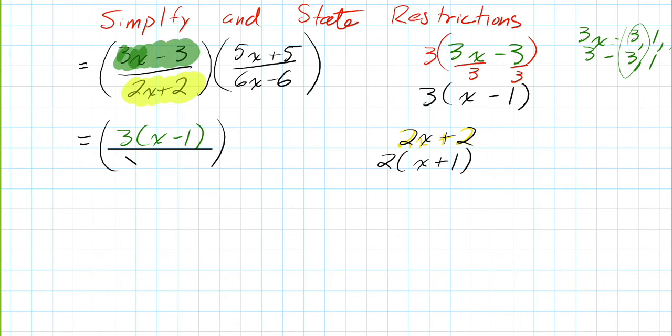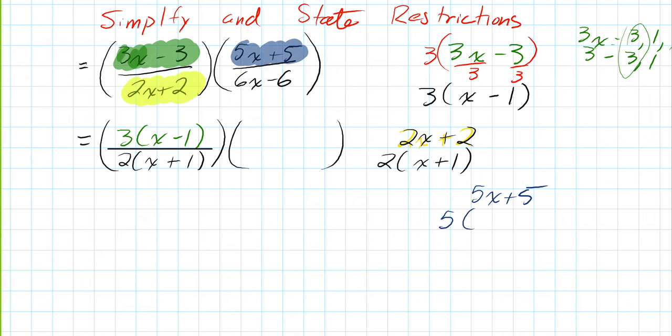So then we'll write that underneath. We get 2 times x plus 1. And then in our other bracket, let's focus on the other two things. We have 5x plus 5. Same concept. Common factor out 5, and we're going to have x plus 1. So 5 times x plus 1.